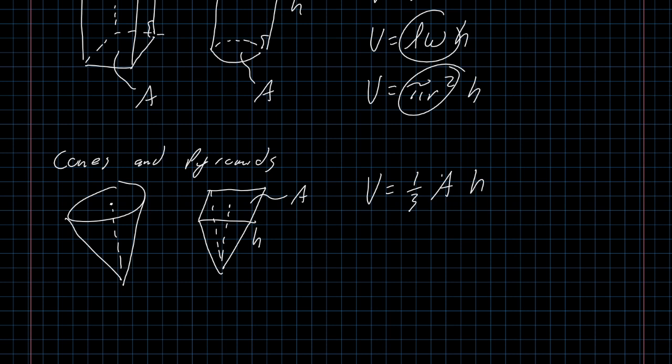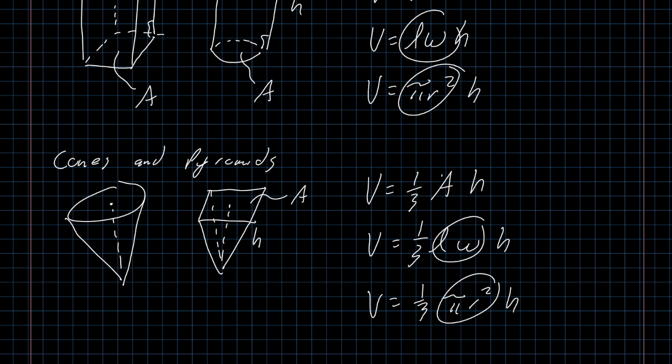So if you have a rectangular base pyramid, then the volume is going to be 1/3 length times width times height, because length times width is the area of a rectangle. And if you have a circular base cone, then the volume is going to be 1/3 pi r squared h, because pi r squared is the area of a circle.